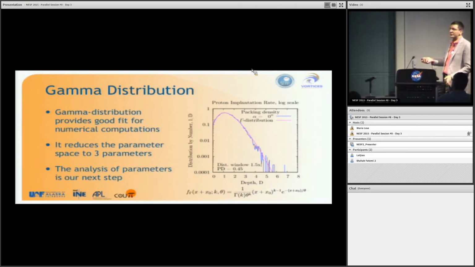So we try to fit a gamma distribution to the final rate, which would reduce the parameter space to just 3 parameters, much easier to analyze and use as a boundary condition for a future transport model. And indeed, the gamma distribution fits pretty well here, as you can see.